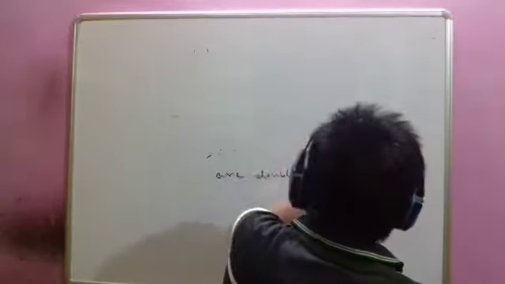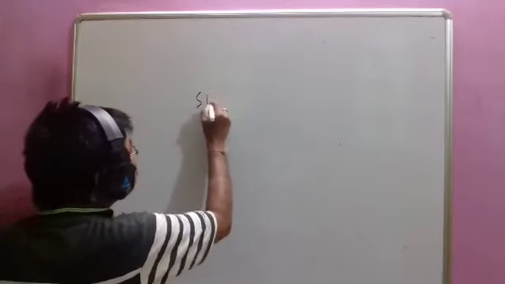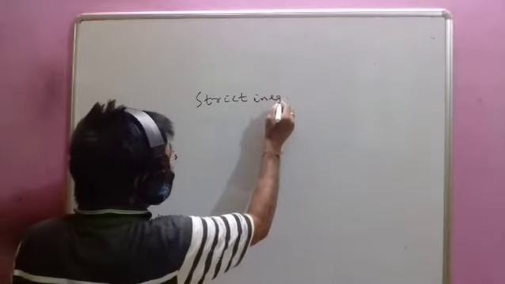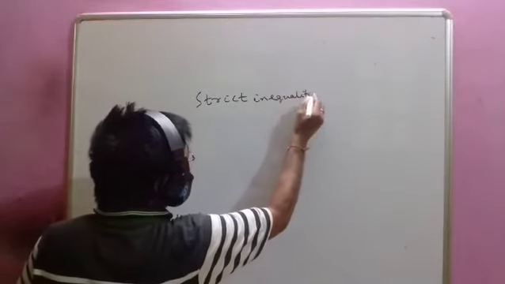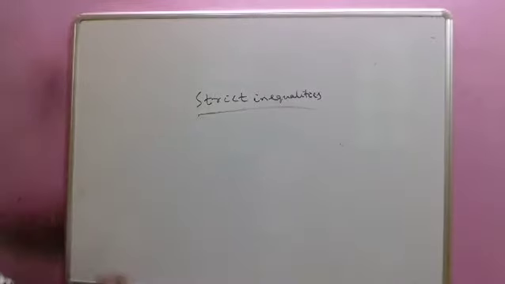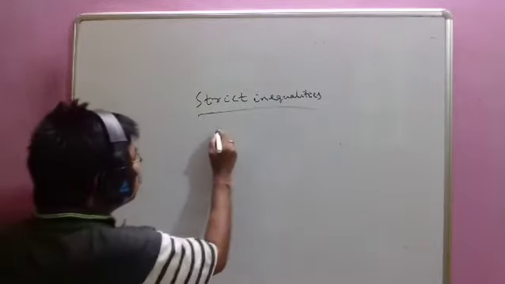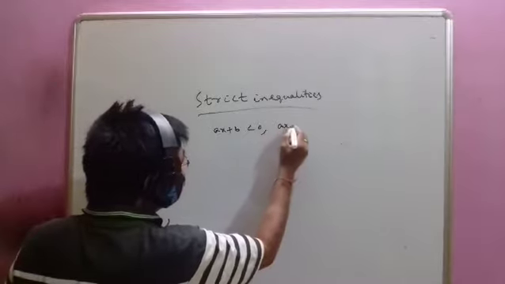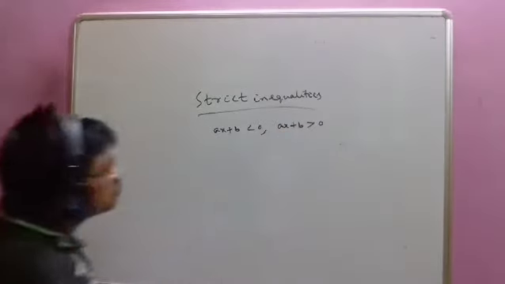So now after this you write some other inequalities, that is, strict inequalities. Next to write is strict inequalities. Let us write some more examples. Suppose I say x plus b less than 0, x plus b greater than 0.